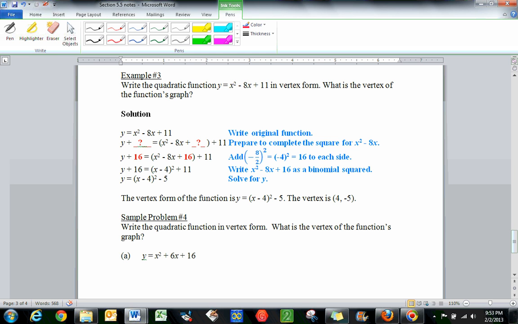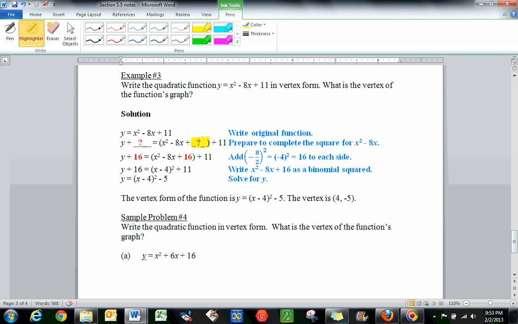So this is a point where we can create a vertex form through the completing the square process. Now, just as I have done before, you need to go through the process of giving yourself these little blanks to fill in the completing the square process so you can create that perfect square trinomial.